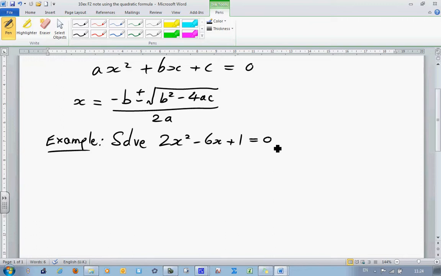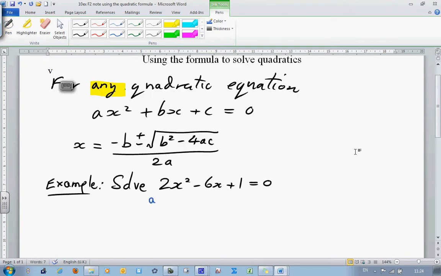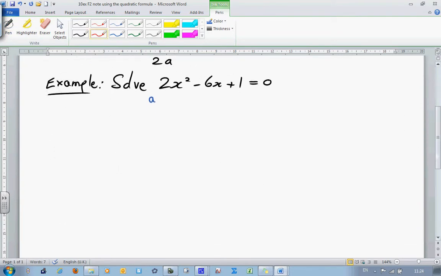So in this case, what we have to do is compare what we've got with ax squared plus bx plus c, and this will tell us that a is 2, that b is not 6 but negative 6, and c is 1.